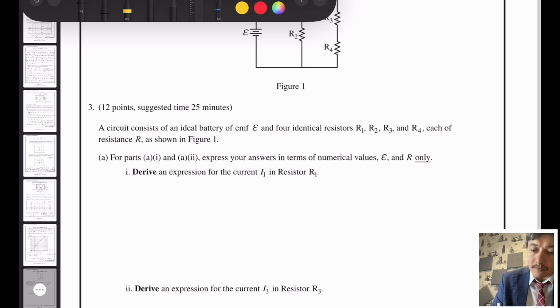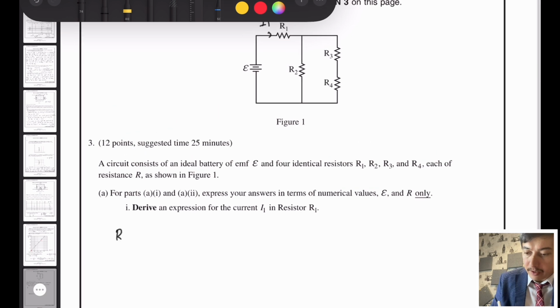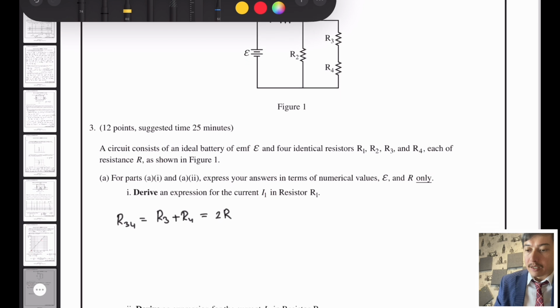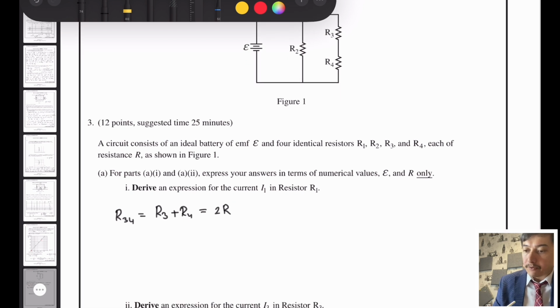So let's start with the equivalent resistance of R3 and R4. Because they are in series, we just add them up. R3 plus R4 is 2R, because each one is R. Now R3 and R4 are parallel to R2, so the equivalent resistance of R2, 3, 4 is going to be equal to 1 over R2 plus 1 over R3,4, to the power of minus 1.